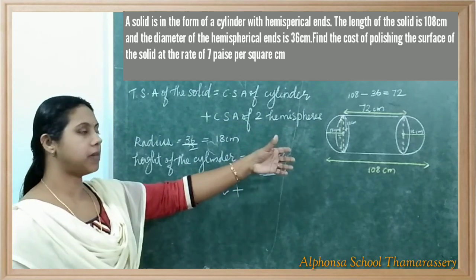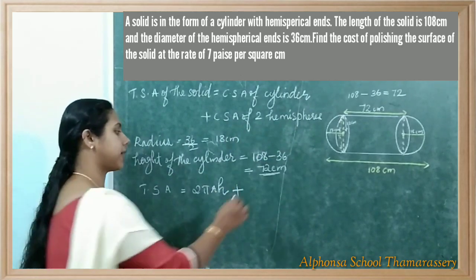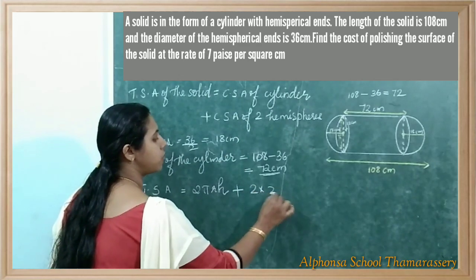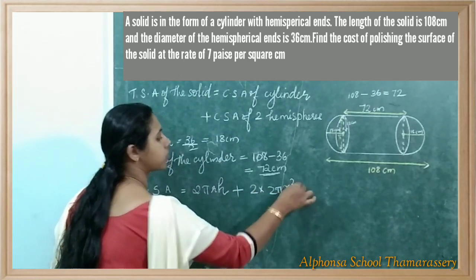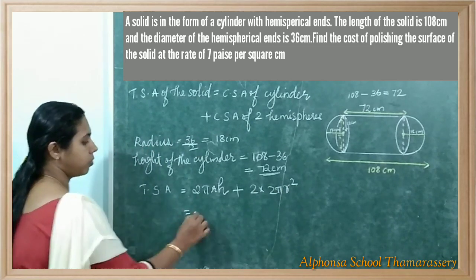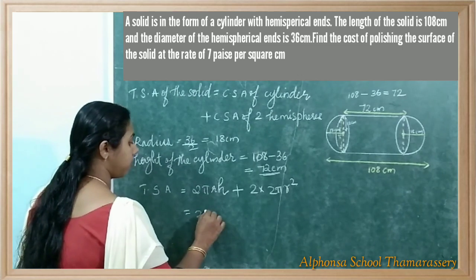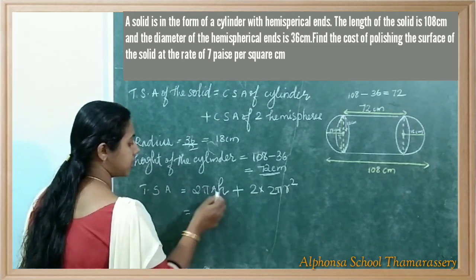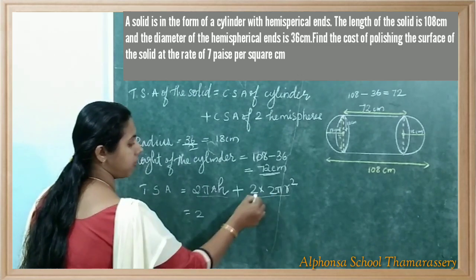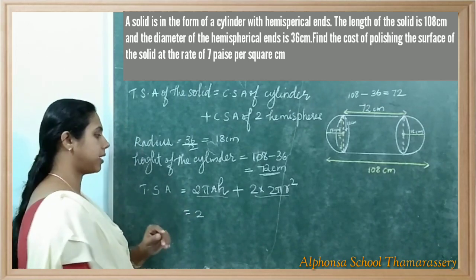Curved surface area of hemisphere is equal to 2 pi r square. There are two hemispheres, so 2 into 2 pi r square. In both terms, you can see pi is a common thing. You can take it out or directly you can multiply it.